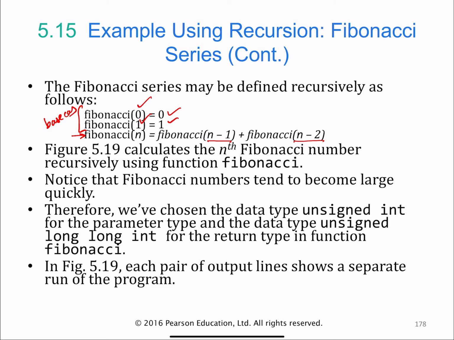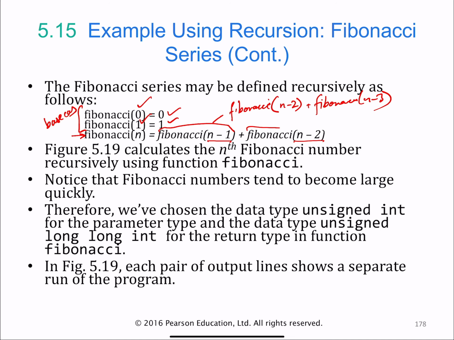And how do you compute the n minus 1st Fibonacci number? Well, you compute it as Fibonacci number n minus 2 plus Fibonacci number n minus 3.